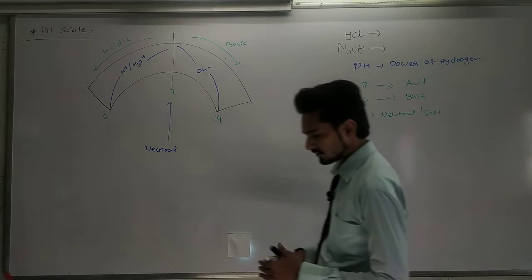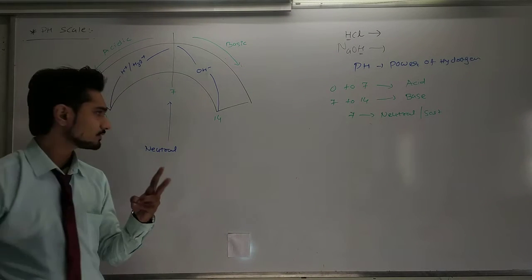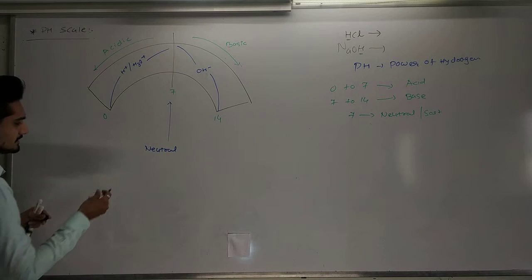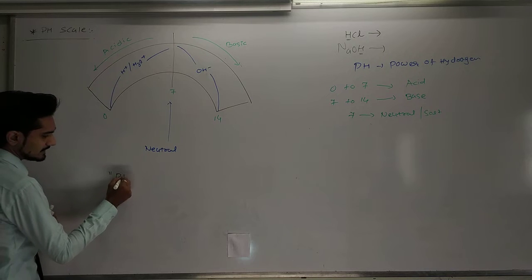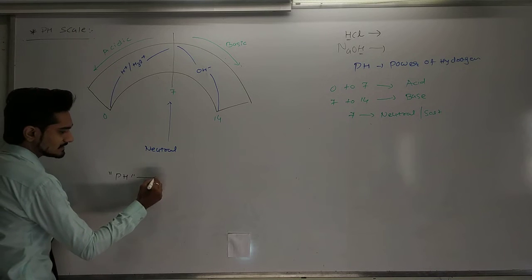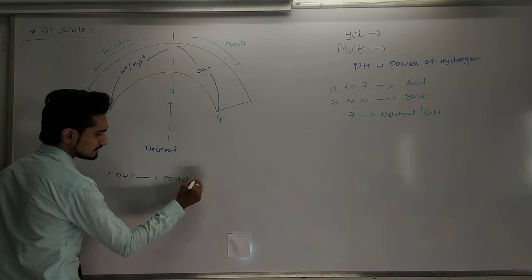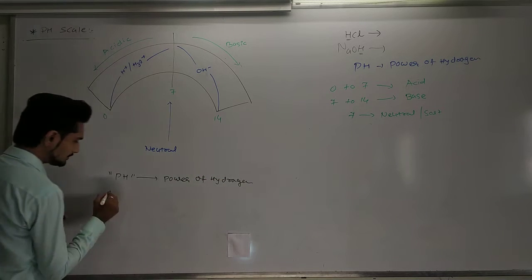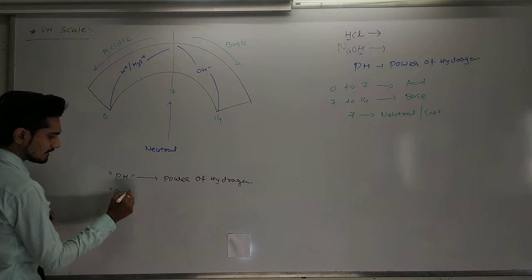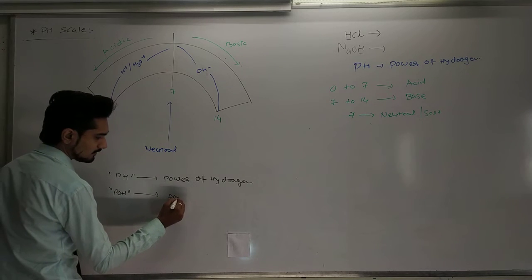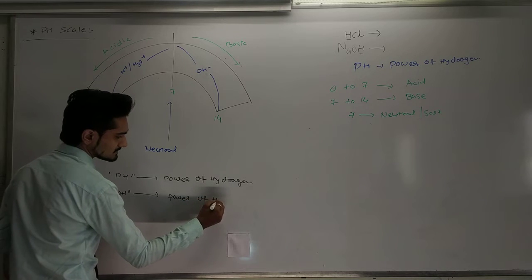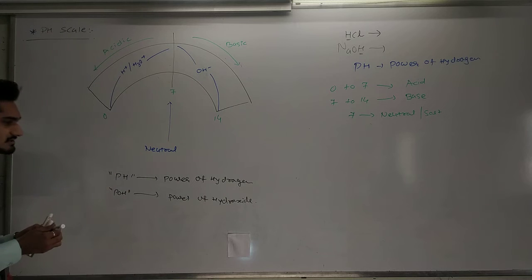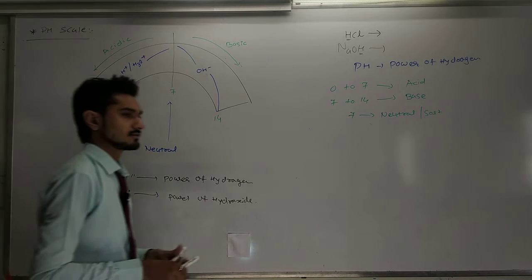You also have to learn about two kinds of phenomena, pH and pOH. First is pH, which is known as the power of hydrogen, and pOH is defined as the power of hydroxide, and both calculations are done on the pH scale.